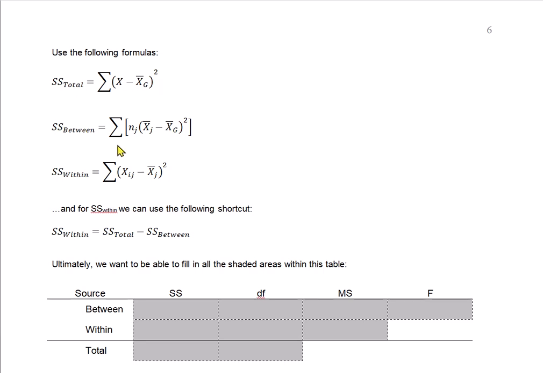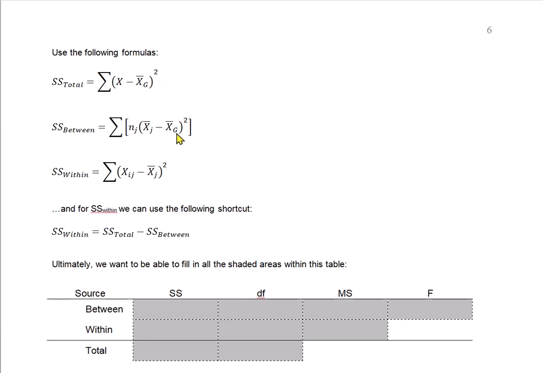For the between groups, we observe the different brackets and parentheses which indicate a different order of operations. The first thing to do is to take the information inside the parentheses. The symbol here is x bar sub j, or we can say mean sub j. This merely refers to the fact that you're taking the mean of an individual group.